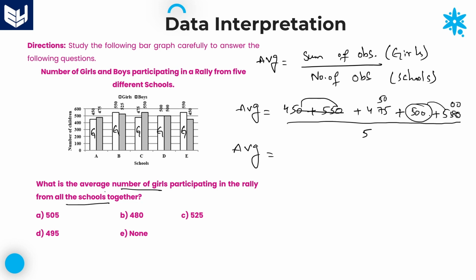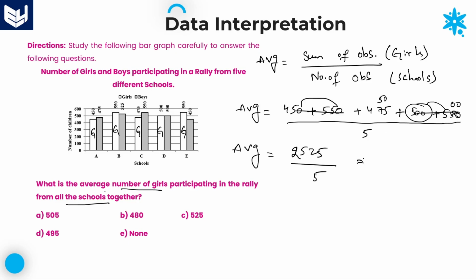This is 1000 plus 1000, 2000. 2000 plus 1400 plus 125, right? 1525. 475 plus 50, that is 525. 525 plus 2000, right? Total 2525 divided by 5.